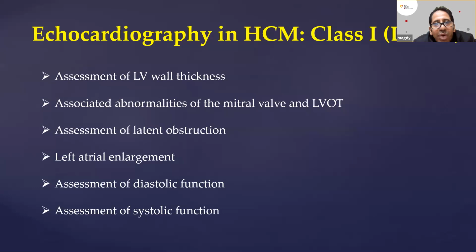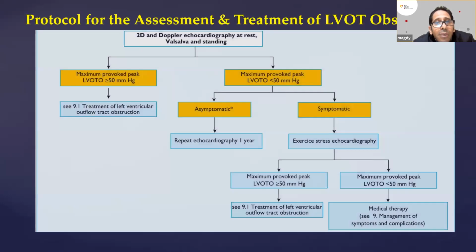Assessment of latent obstruction: if you don't have a gradient at rest, provocation can be done by Valsalva or other pharmacological drugs, which can identify patients who have a gradient with provocation more than 50 millimeter mercury, left atrial enlargement, assessment of diastolic function, and ejection fraction. If it is less than 50%, this is an end-stage hypertrophic cardiomyopathy.